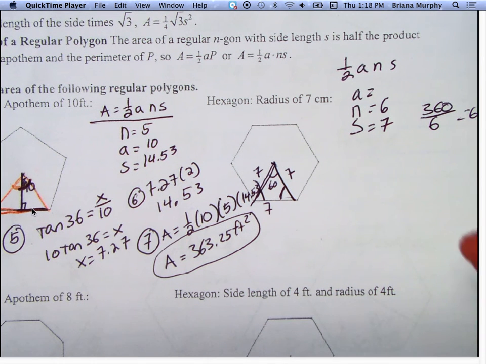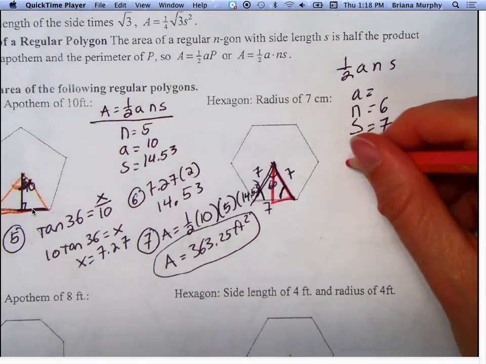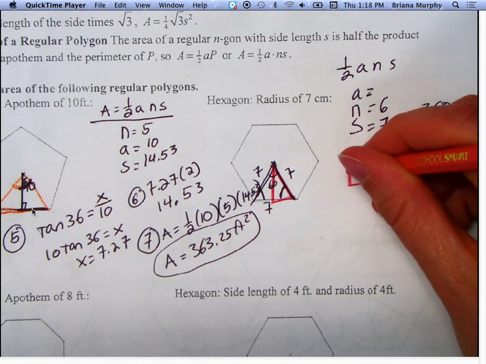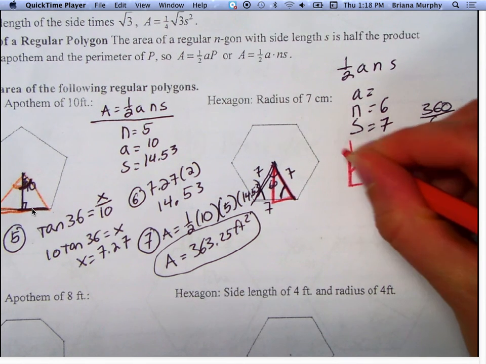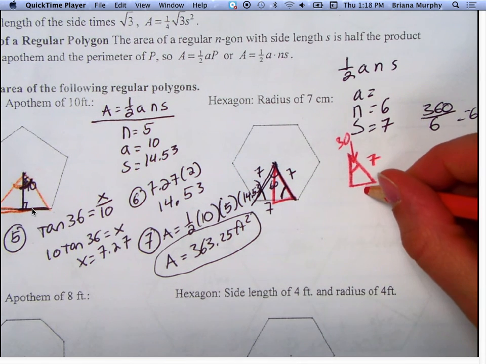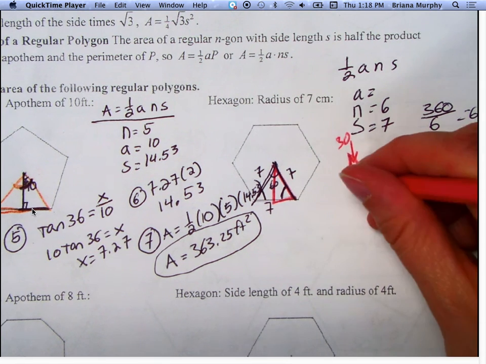So now we just have to find the apothem. So if we draw this in here, we draw my right triangle like this. So we've got 7. This is going to be 30. And this is what down here? Not 7, because it's only half, so it's 3.5.